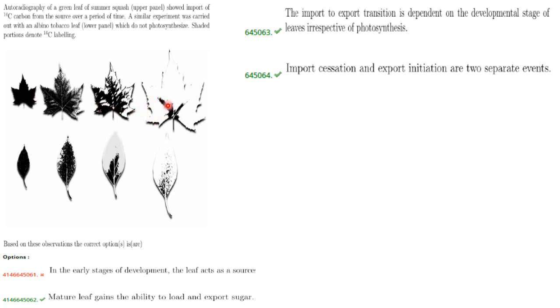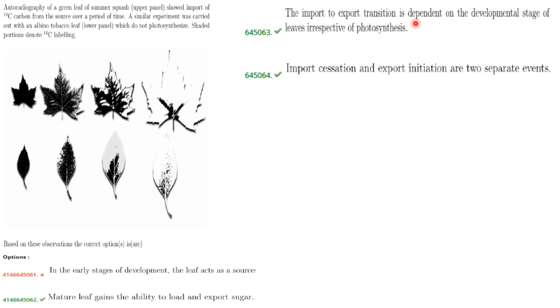So here less C14 shaded portion is present when compared to higher C14, or more shading, in the younger leaf. The import to export transition is dependent on the developmental stage of the leaf irrespective of photosynthesis. Yes, because in the albino leaf also, the younger leaf is showing more C14 labeling than the mature leaf.